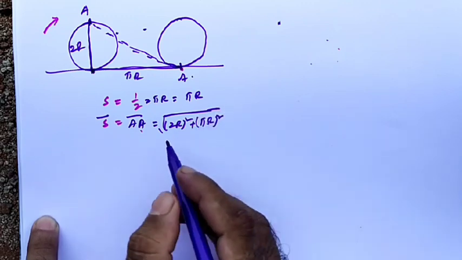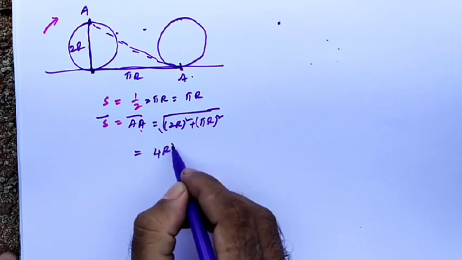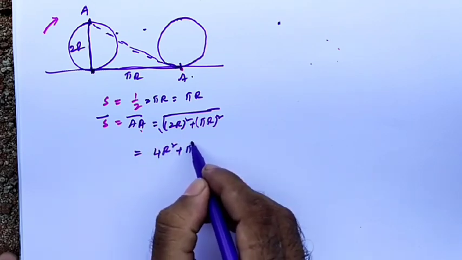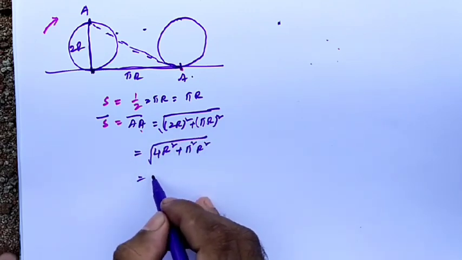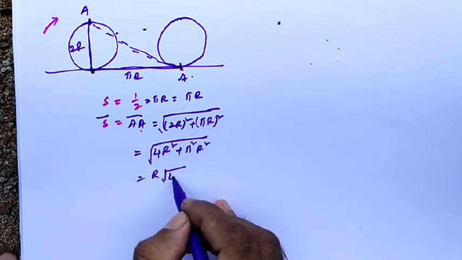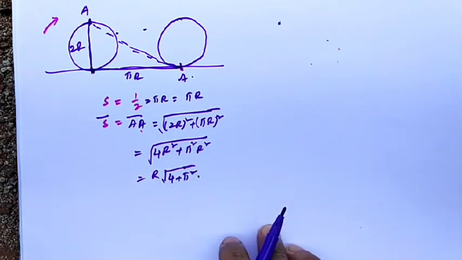It was given in previous IIT exams. That is root of 4r square plus pi square r square. If you take r square common, r will come out, that is r root of 4 plus pi square. This is the way one can calculate. Understood? So identify which is distance and which is displacement, then your problem is over.